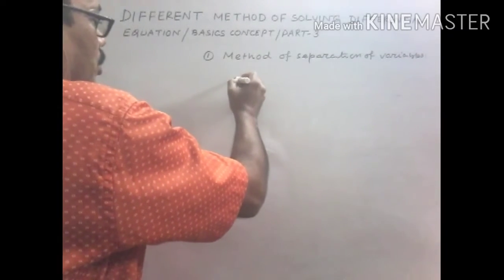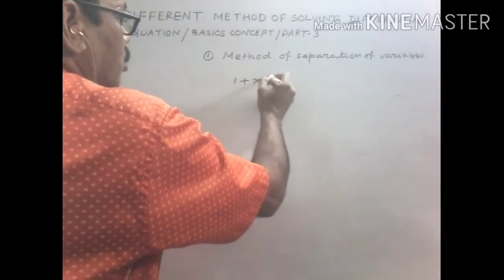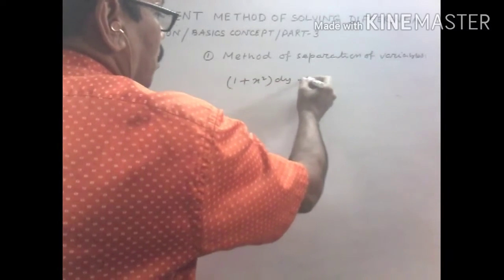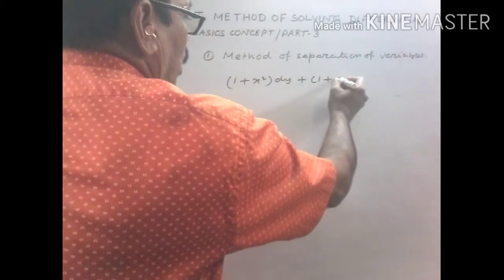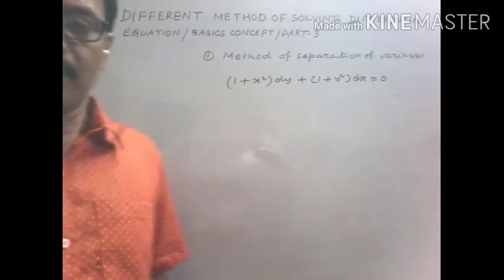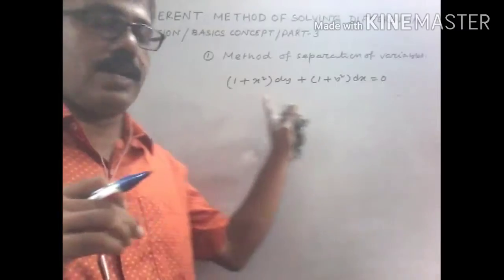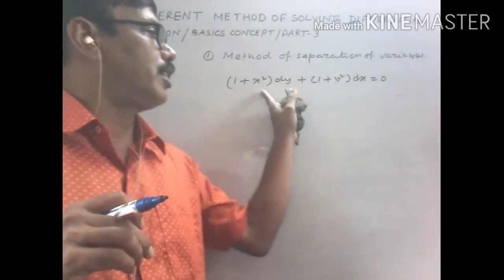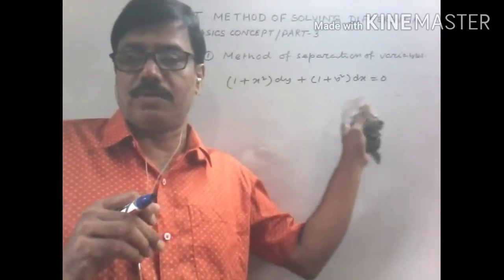Suppose (1 plus x square) dy plus (1 plus y square) dx equals 0. This is a differential equation because it involves a derivative or differential.